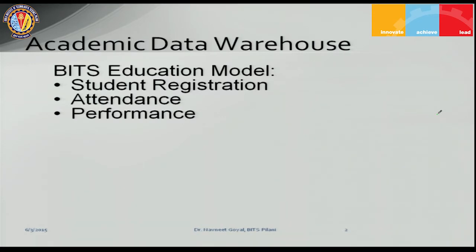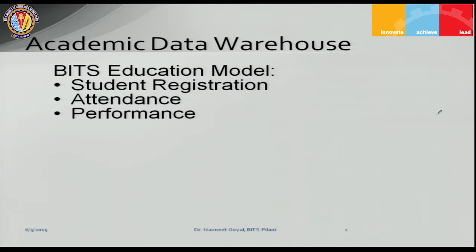Student registration happens once in a semester, and performance is also recorded for every semester. Let us assume that we are not recording the mid-semester grades. So these are the three processes that we are going to look at in this case study.